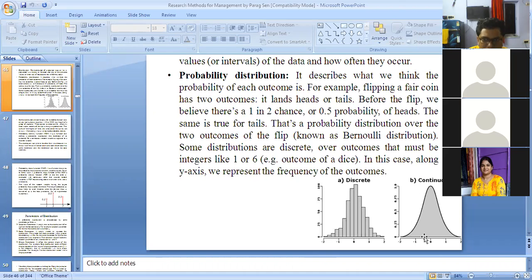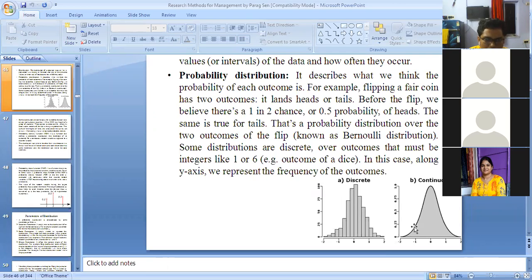But whenever you are talking about continuous distribution, you are not representing only the probability, you are representing the probability density.